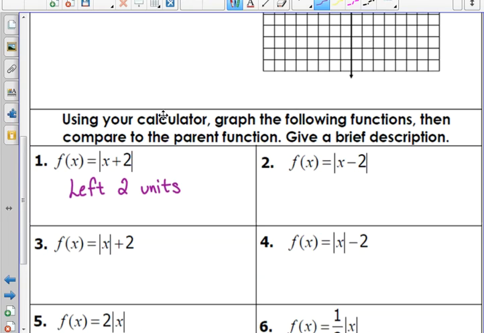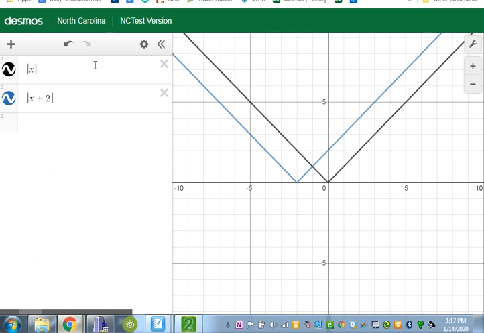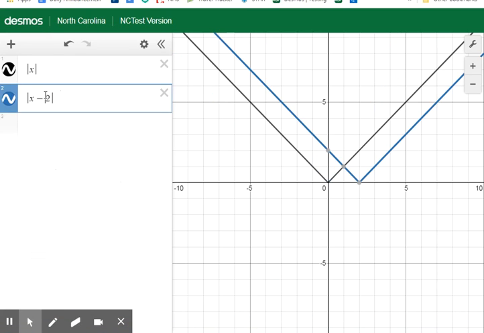What do you think is going to happen if we change that plus 2 to a minus 2? It's going to go right 2 units. You already know. Good. It should be easy then. If I change the plus to a minus, now my new function is over here on the right with a vertex of (2, 0).